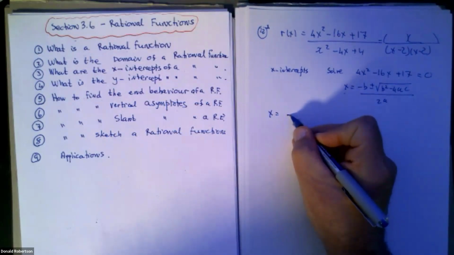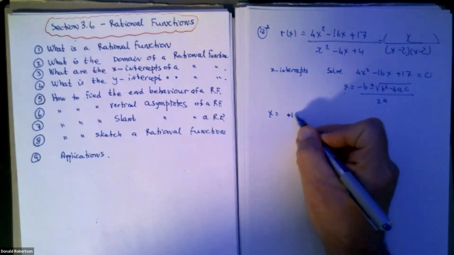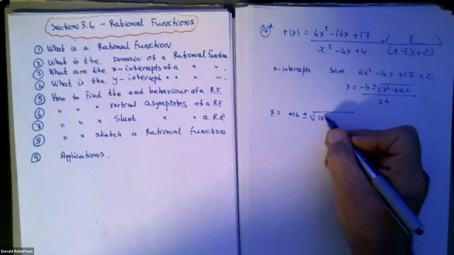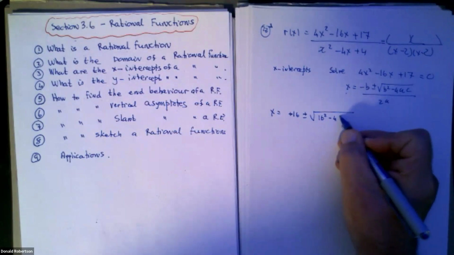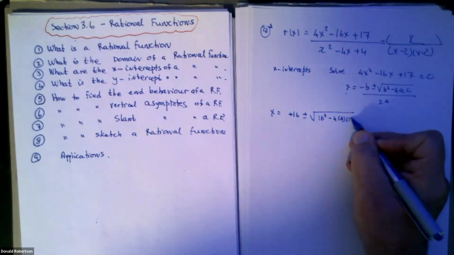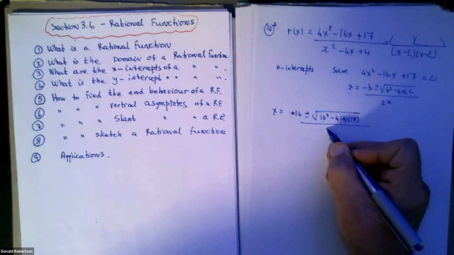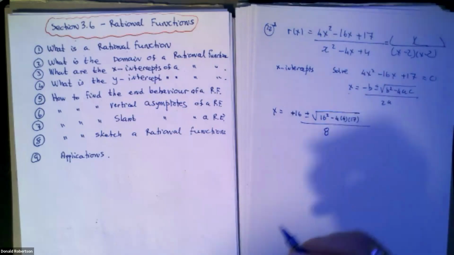But let's just prove it. x equals 16 plus or minus the square root of 16 squared, take away 4 times 4 times 17, all over 8.